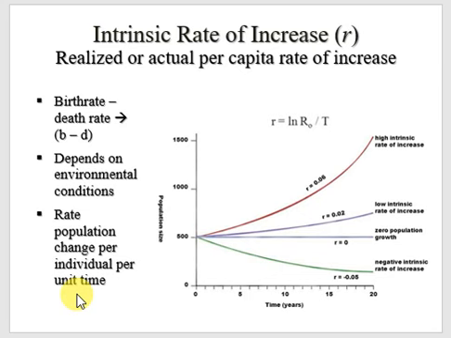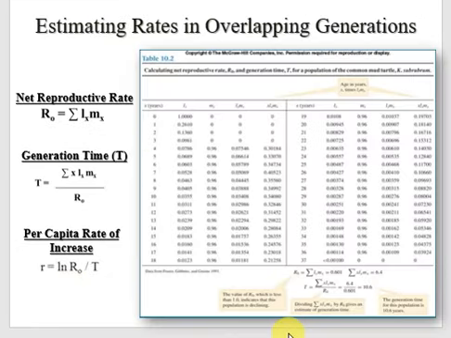So for our turtle friends, we would do the logarithm of 0.601 over generation time, so over 10.6.